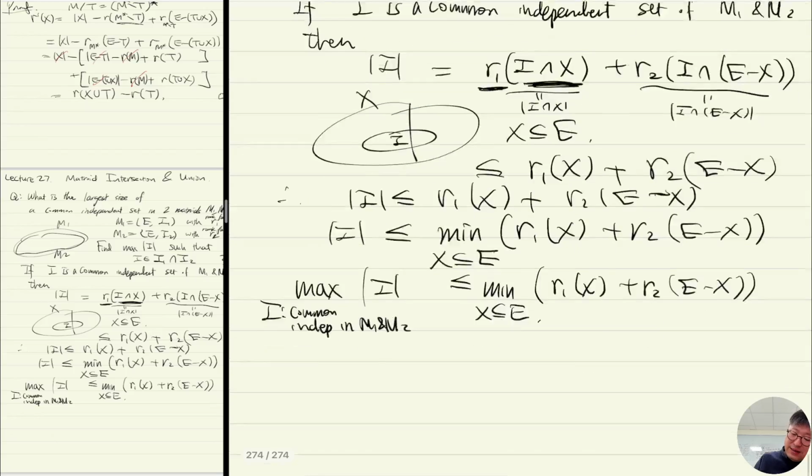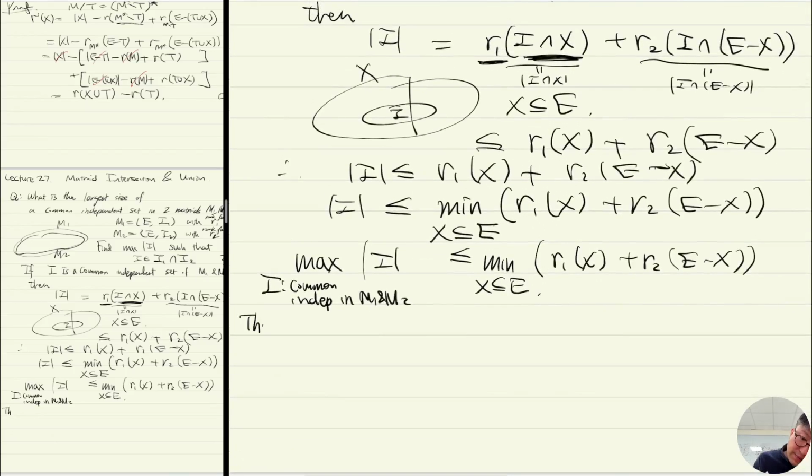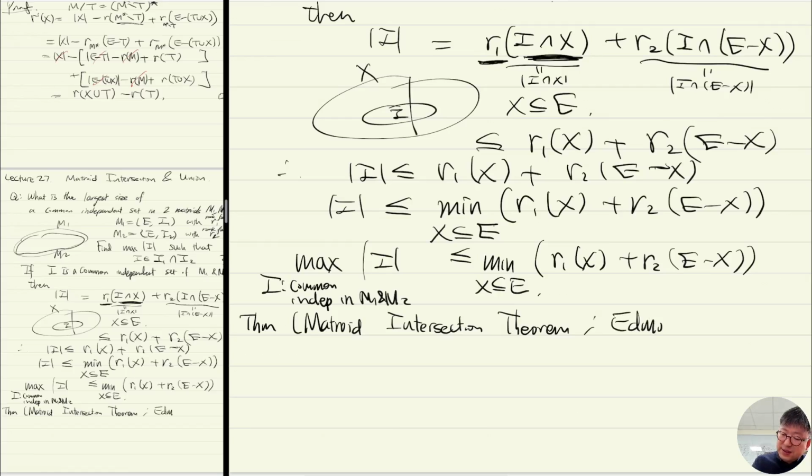And this is another instance. So the matroid intersection theorem was discovered by J. Edmonds, the same person, in the 1970s.